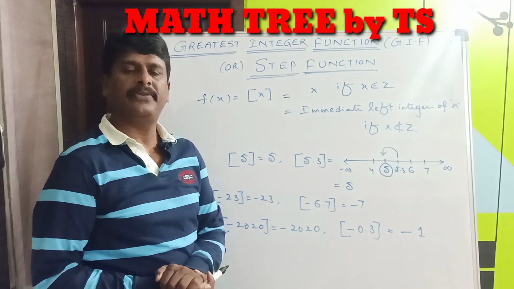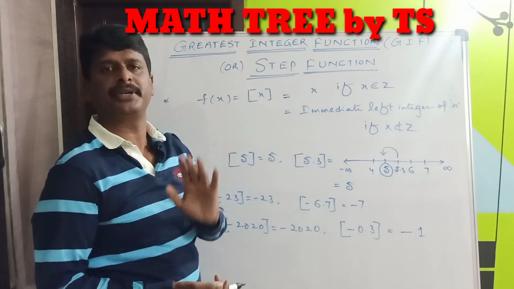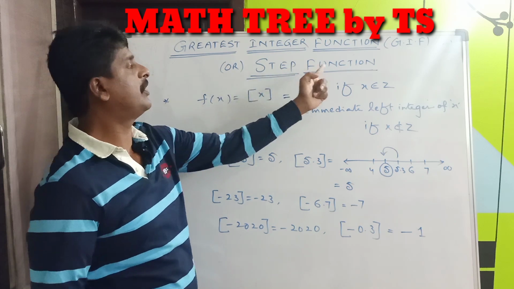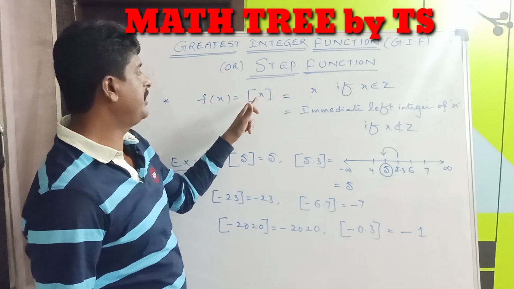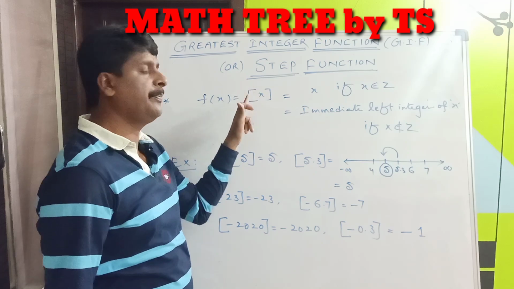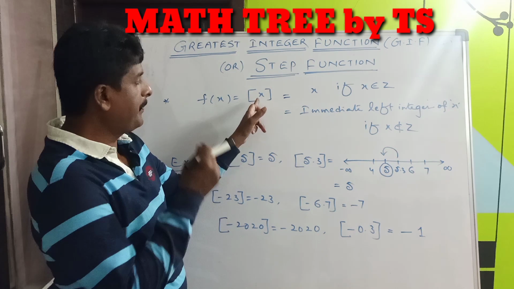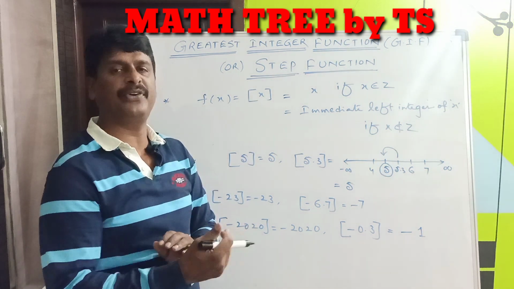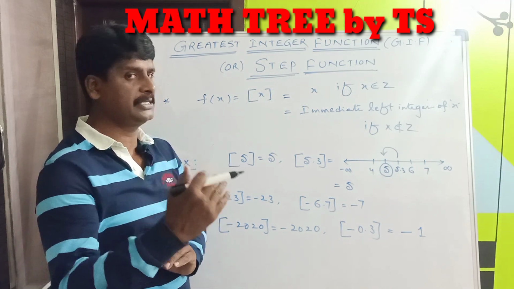See friends, our next function, the greatest integer function, GIF, or step function. Okay, you see, a function f of x defined as step of x. The square bracket represents step, read as step x, and most people will feel difficult while defining a step function, but I would like to explain it in a simple method.